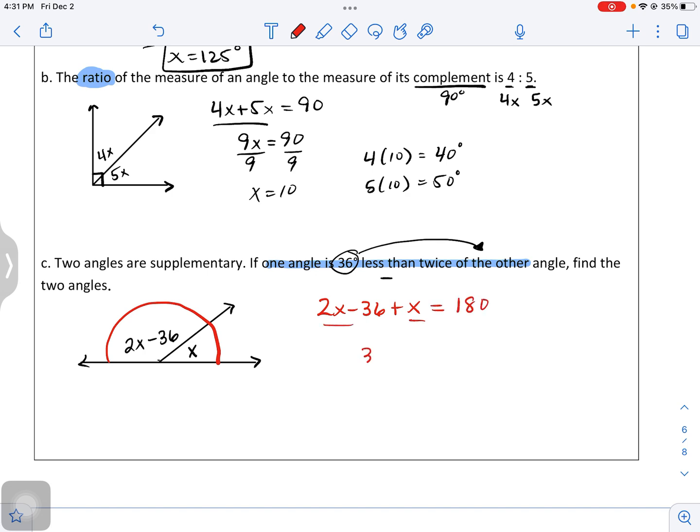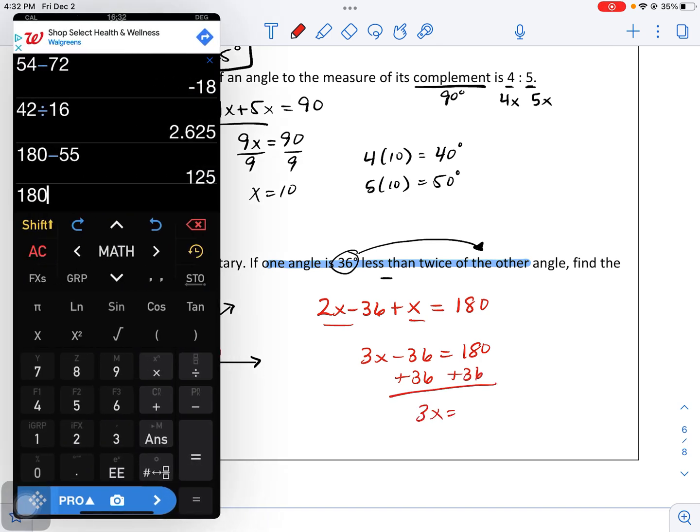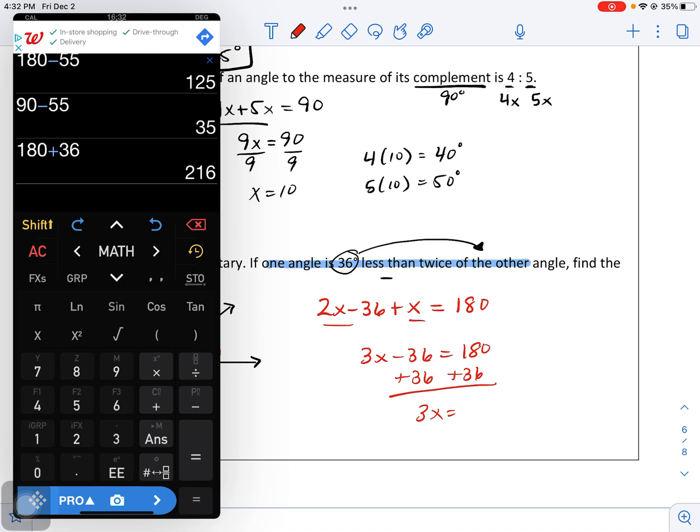You have like terms, so we're going to add them together. Then I'm going to add 36. I get 3x is equal to, and then you take 180 and add 36, and you get 216. Divide by the 3, and you get x to equal 72.